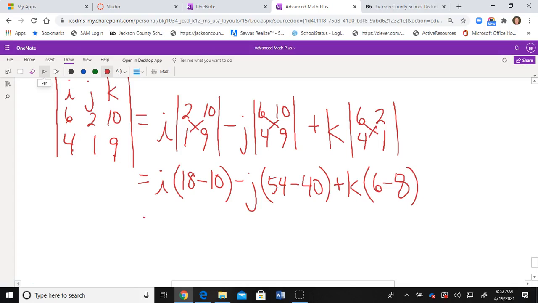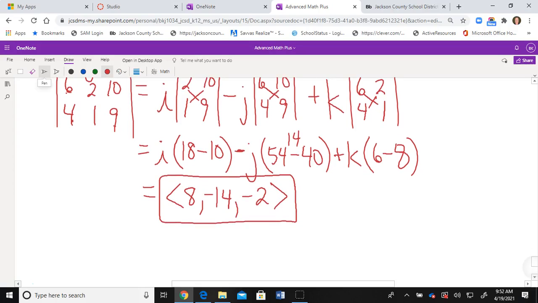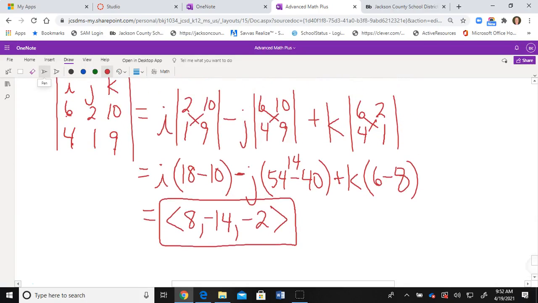So, my vector will be 8, negative 14. I get 14 here, but it's negative j. So negative 14, and then negative 2. So that's my answer.